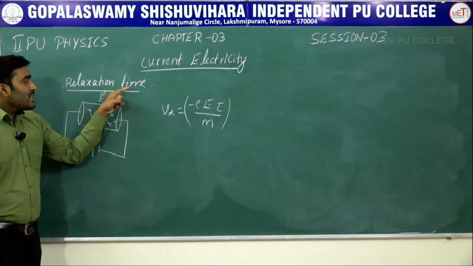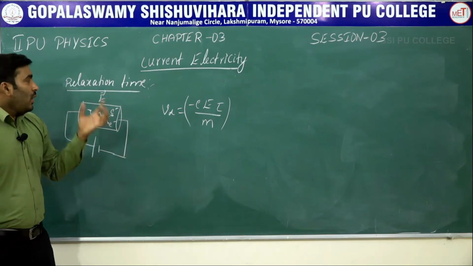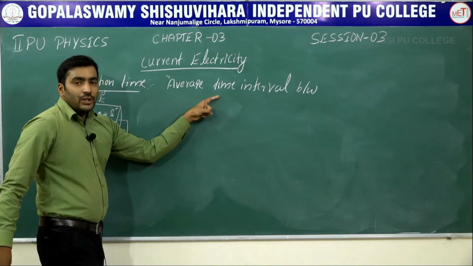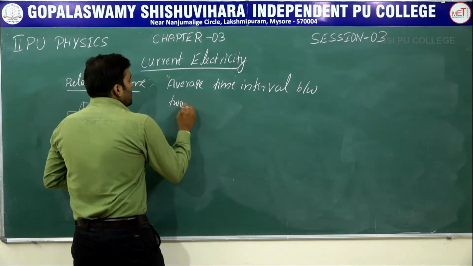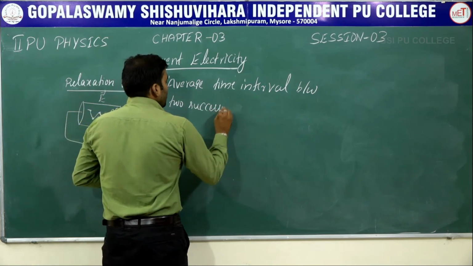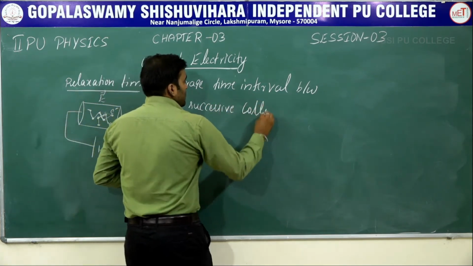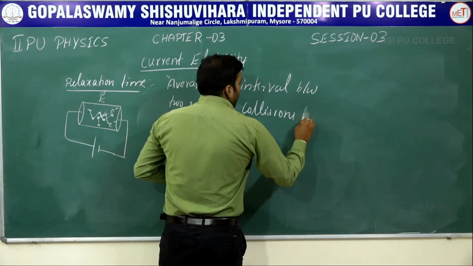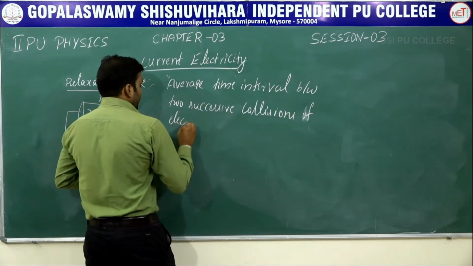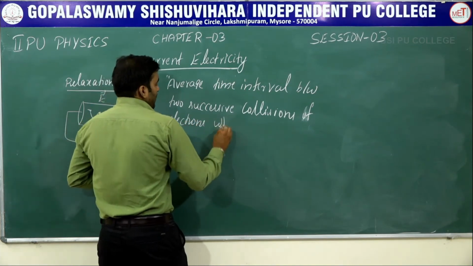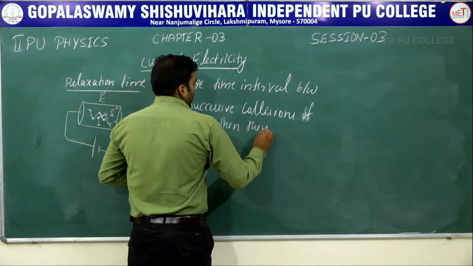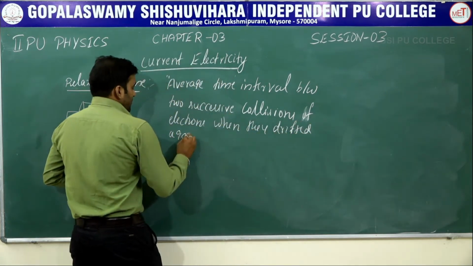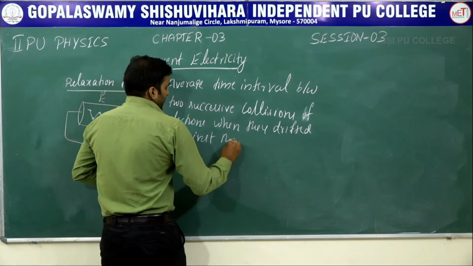That is why relaxation time is defined as, how to define this relaxation time? Average time interval between two successive collisions of electrons when they are drifted against the electric field.